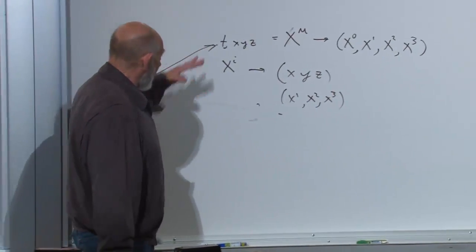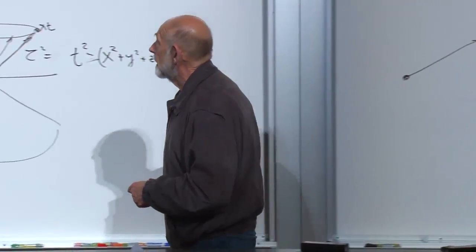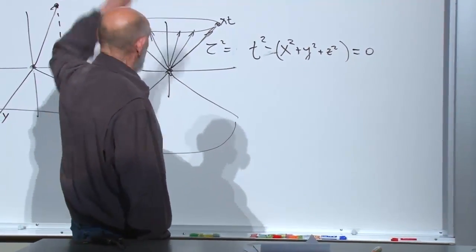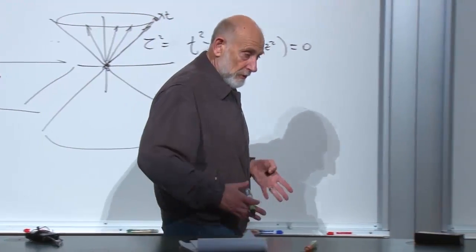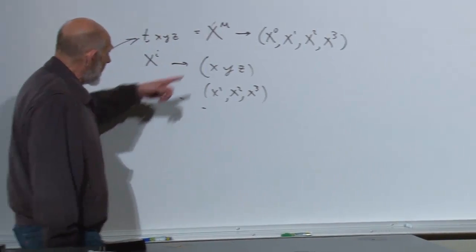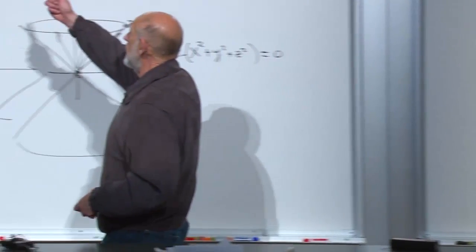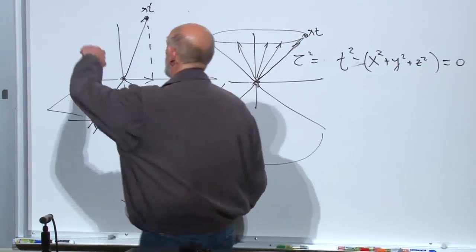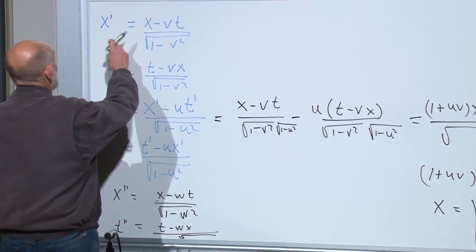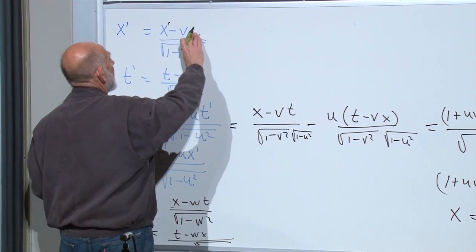Just as vectors transform when you rotate coordinates, four-vectors transform when you Lorentz transform the space, when you go from a moving coordinate system to another moving coordinate system, and the x's transform exactly the way the Lorentz transformation tells you they transform. We could rewrite this as x1 is x1 minus v x0.